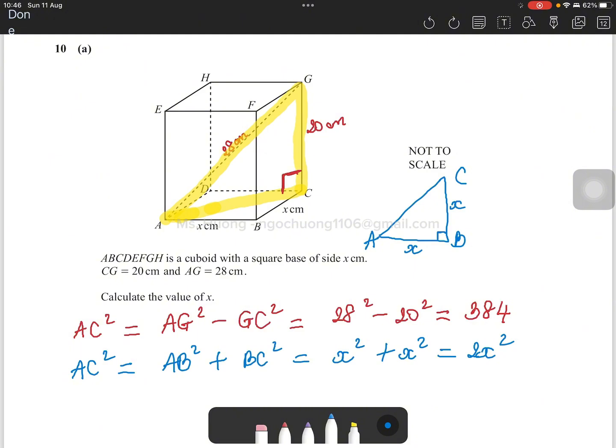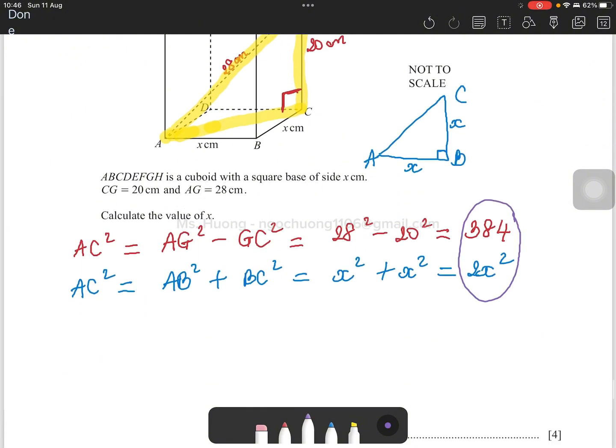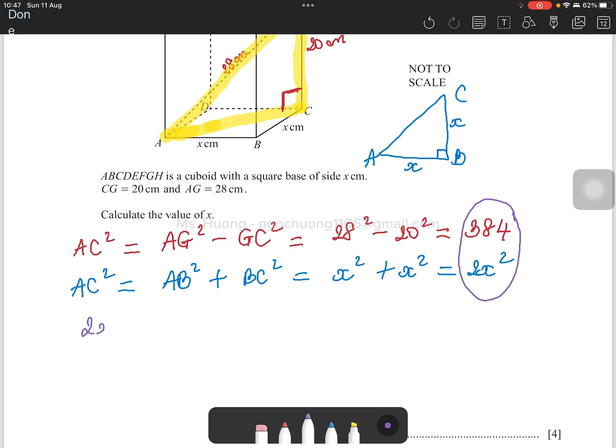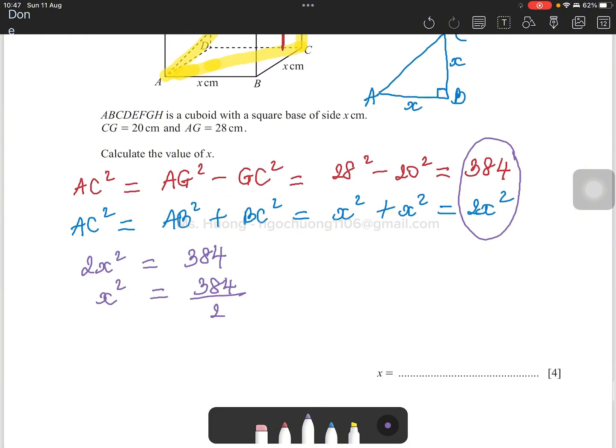And now, we know that these two values must be equal to each other. So, 2x squared is equal to 384. We divide both sides by 2. Then to find the value of x, we need to take the square root of 384 over 2. So the answer is 8 root 3, which is 13.9.